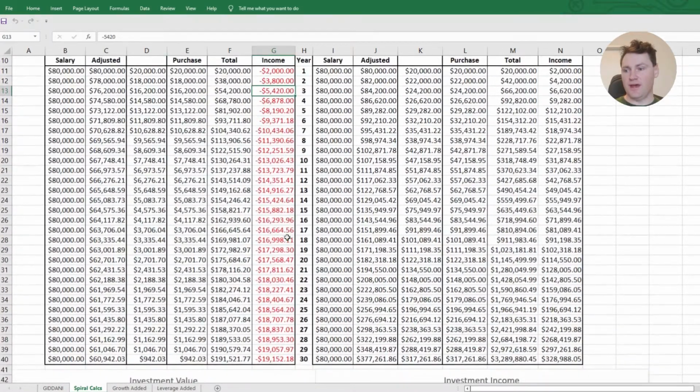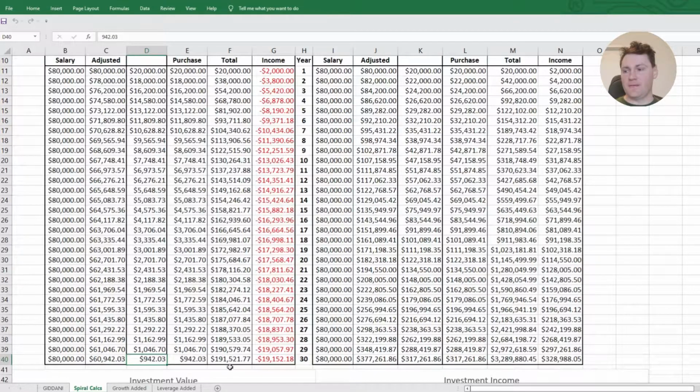When you look after 30 years of doing this, so a working career, at the end of 30 years, your $80,000 salary becomes an effective $60,900. You're not able to save as much because all of your savings that you have been diligently pushing towards is going towards maintaining those assets.